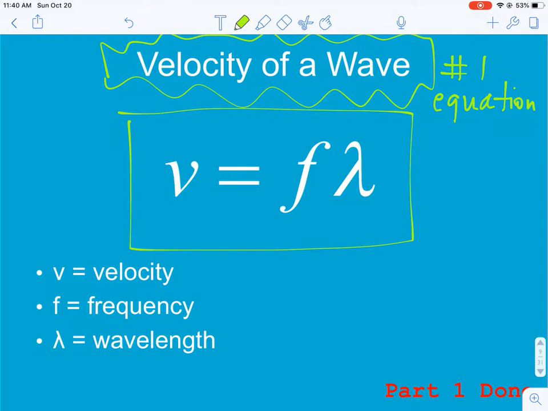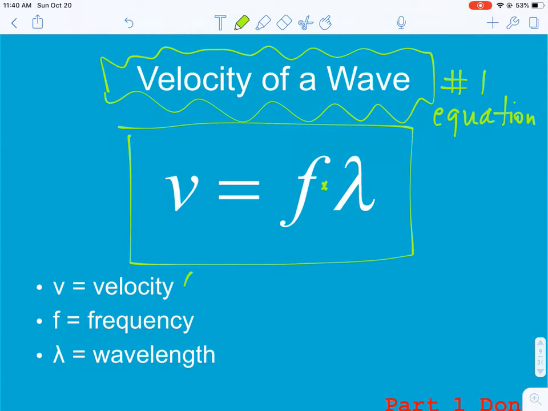So it just says that velocity equals the frequency times the wavelength. Velocity, remember, is in meters per second, our old friend. Frequency is in hertz. Frequency of physics jokes hertz. Wavelength is in meters. Now you can use this equation in combination with the period equation, period and frequency, depending on what a problem gives you.